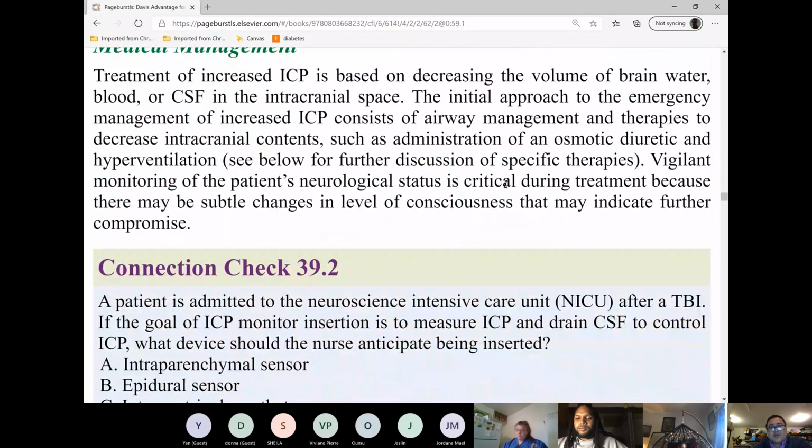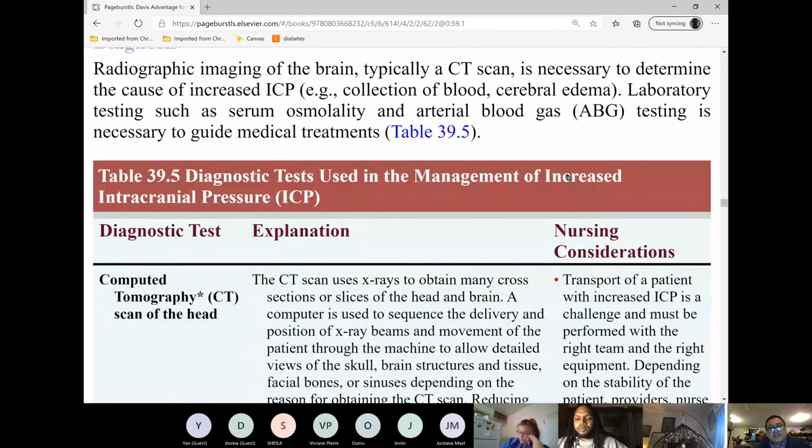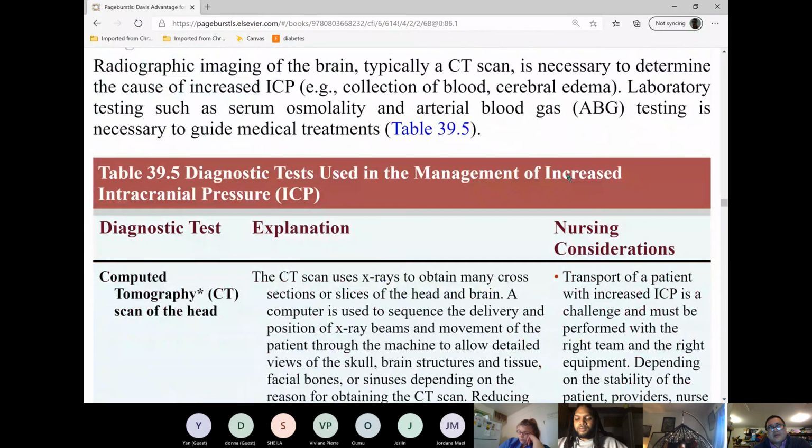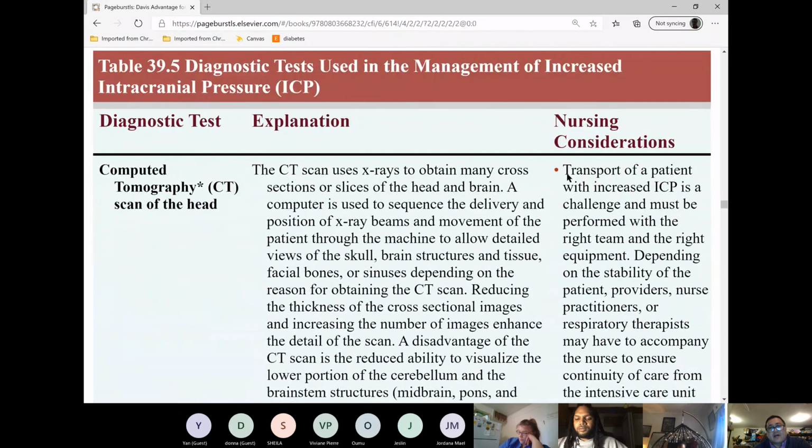All right, so let's go now to our treatments. There are several ways to decrease ICP, not just through the intraventricular catheter drainage. There are other interventions we can do to decrease the volume of the three components.